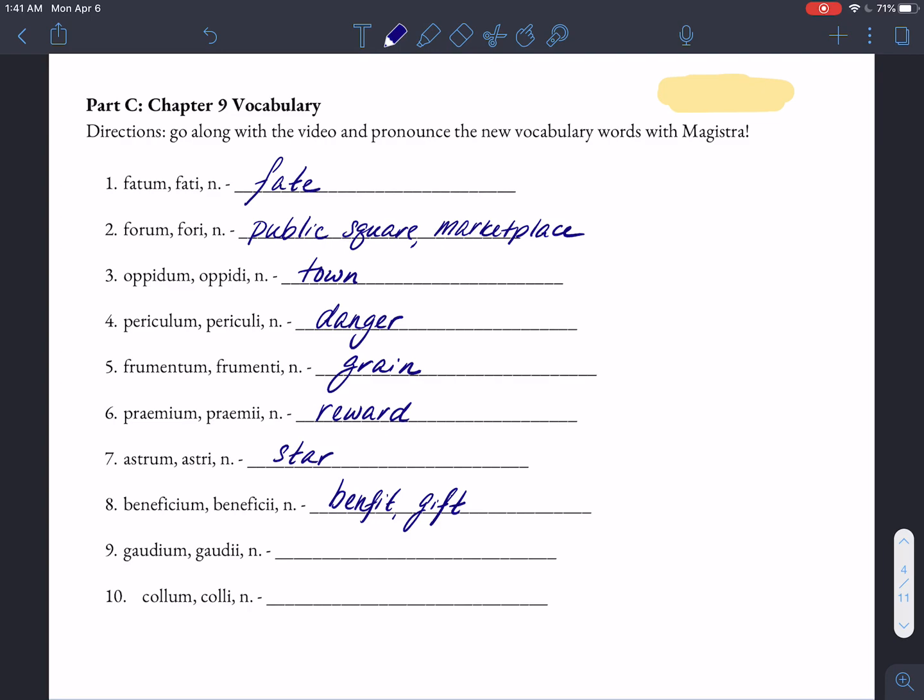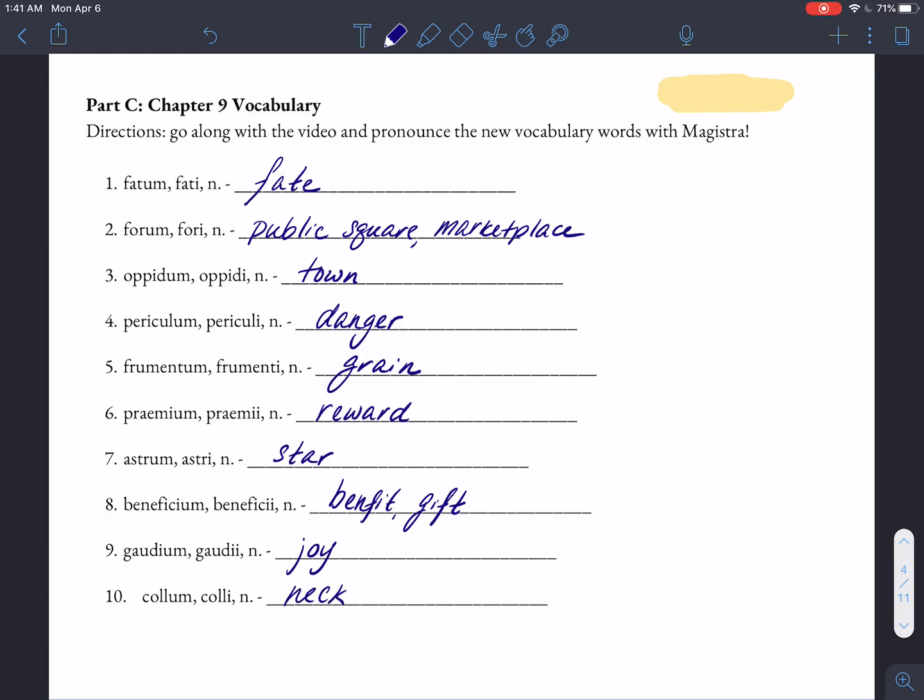Okay, number 9, repeat after me. Gaudium, gaudii, neuter. All right, and that simply means joy. Okay, and finally, collum, colli, neuter. It means neck.